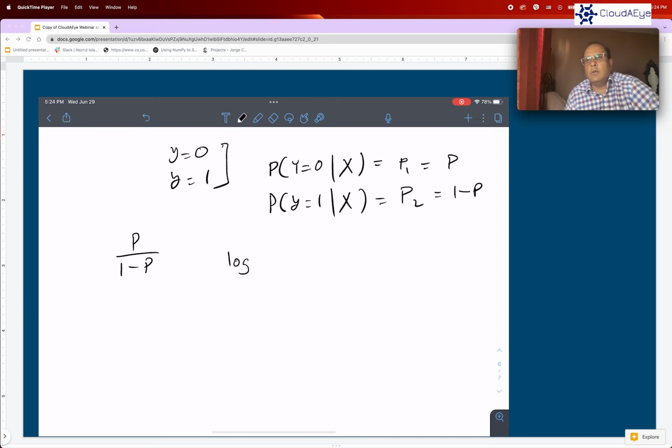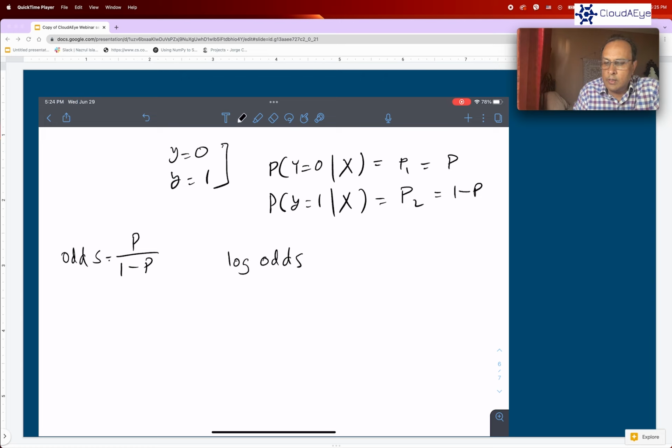The odds ratio is used in a lot of statistical terminologies, in betting and games, like Vegas betting or other cases. We use the term odds ratio a lot, right? Similarly, in the case of logistic regression, we say that the log of the odds is actually beta transpose x.